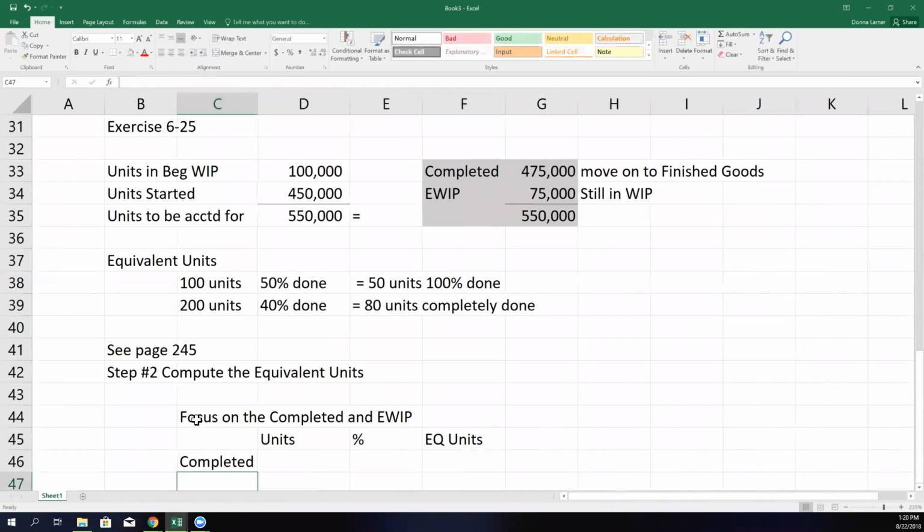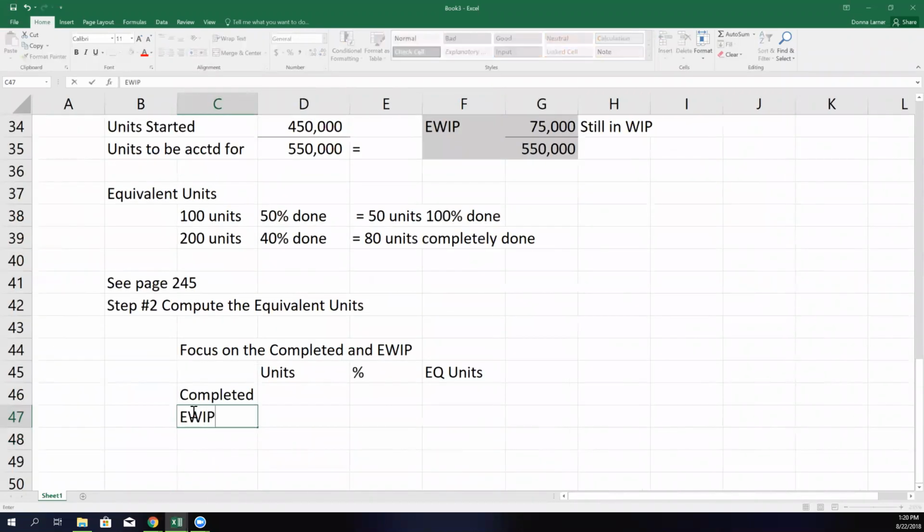And you're going to do the same thing with ending work in process. How many units are in ending work in process? What percent done are they? And turn that into equivalent units. And then we're going to come up with a grand total of equivalent units.